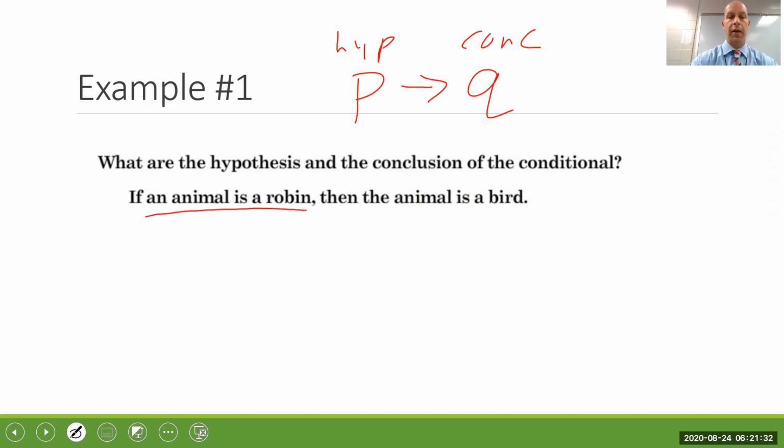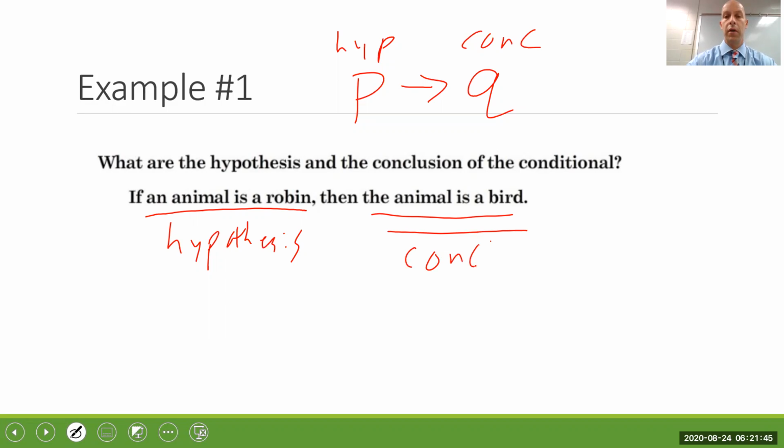So the hypothesis here is an animal is a robin, and then the then part is the conclusion. So our conclusion here is the animal is a bird.